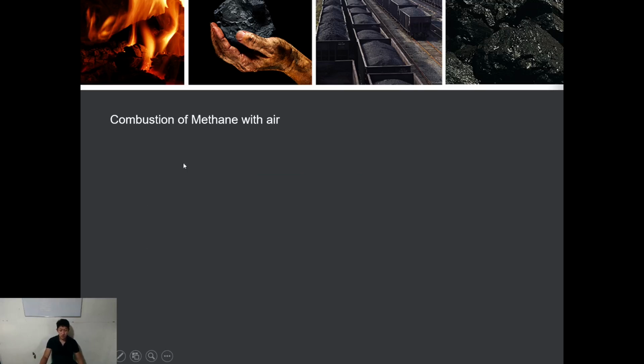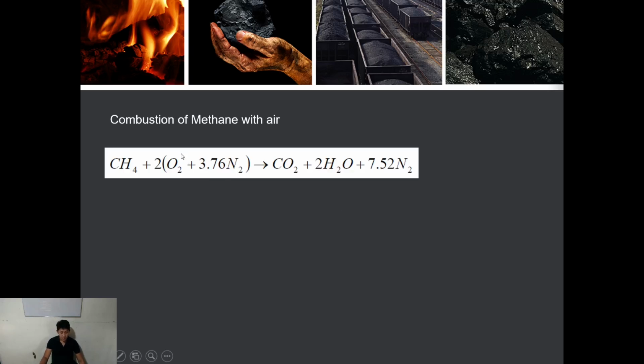Example, you need to combust methane with air. For the methane, ignore the nitrogen for now. Methane, when it reacts with oxygen, will produce carbon dioxide and water. In order to balance, the carbon is 1, so it is balanced. Hydrogen is 4, and there are only 2 here, so you multiply by 2.